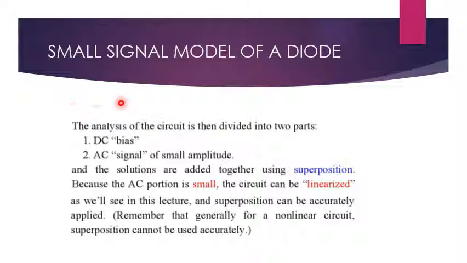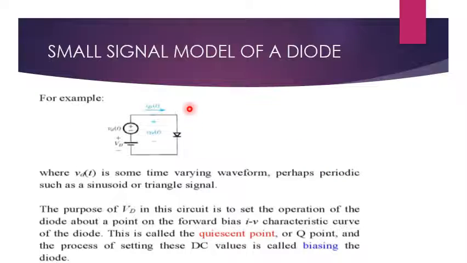See, actually, I'm going to take the small signal model of a diode. The analysis of the circuit is then divided into two parts. One is the DC bias and another one is the AC signal of small amplitude, and the solutions are added together using superposition, because the AC portion is small and the circuit can be linearized. Next, now I have taken a circuit with a diode.